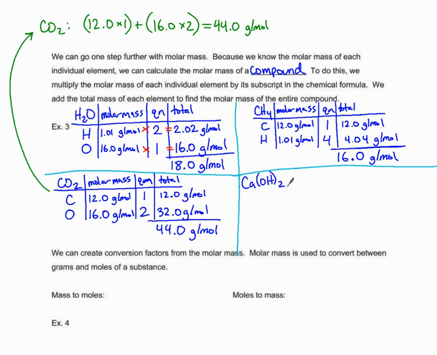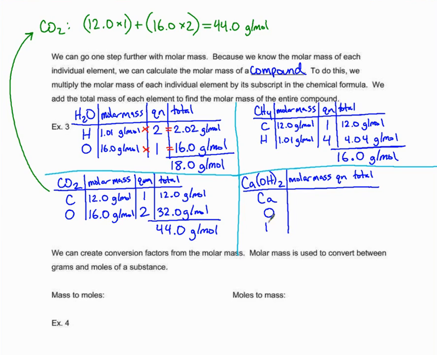Here we have a slightly more complicated compound, calcium hydroxide. We're going to go ahead and get our table set up. So the first thing, we have calcium. Second element we have is oxygen.